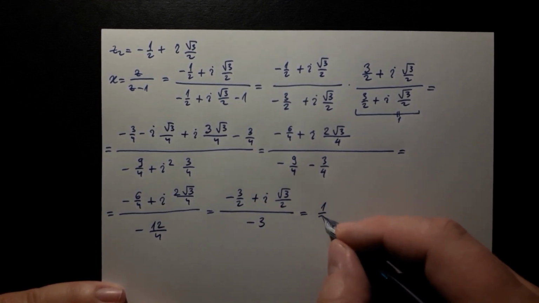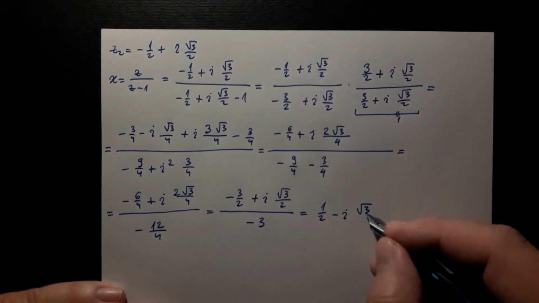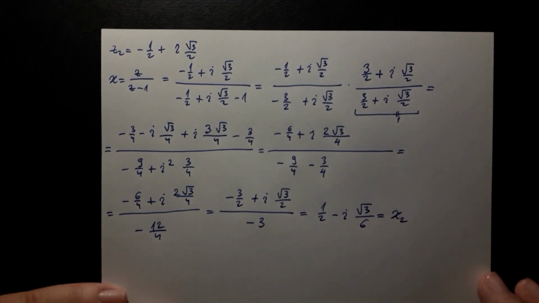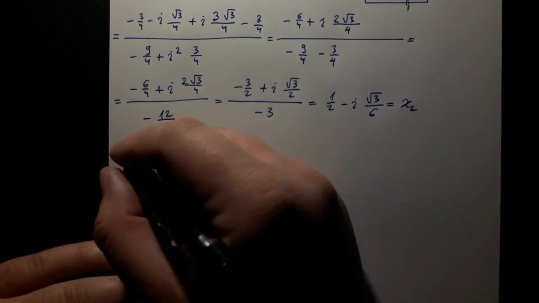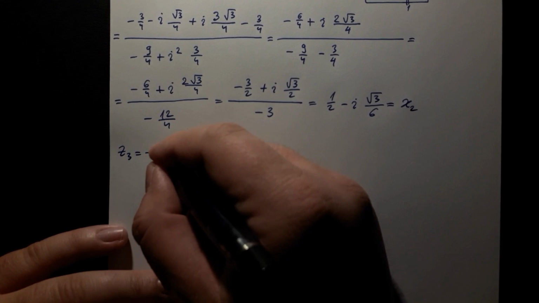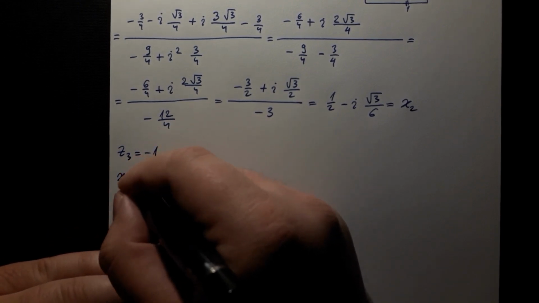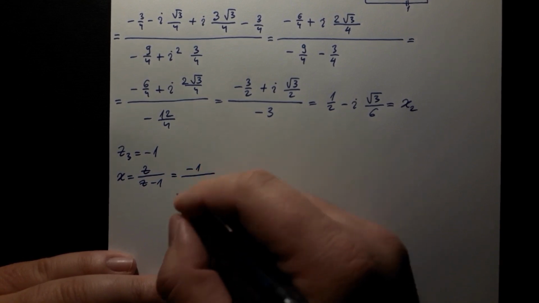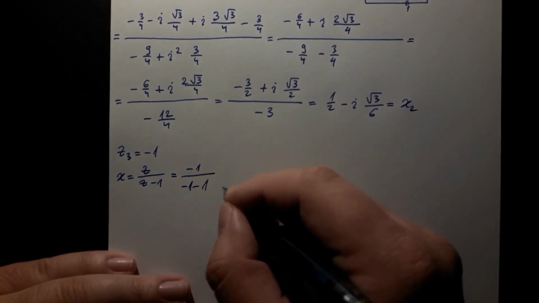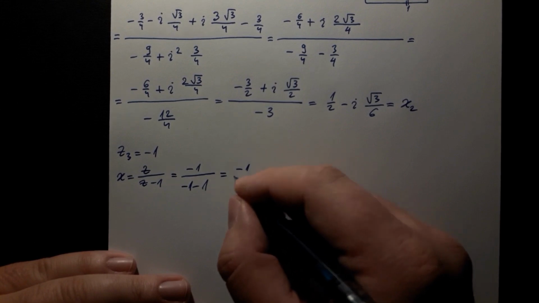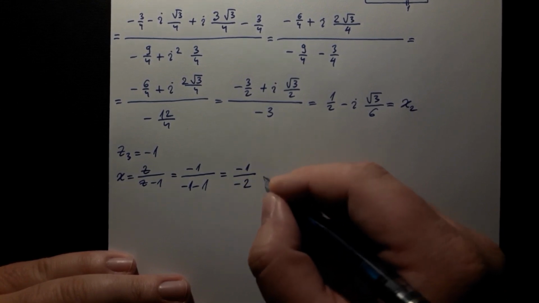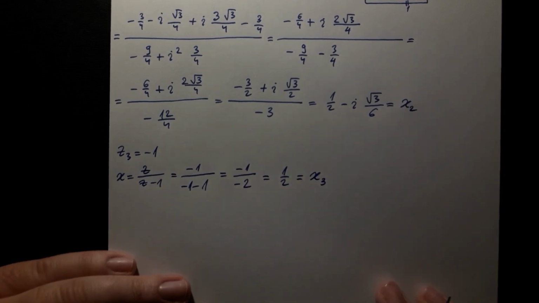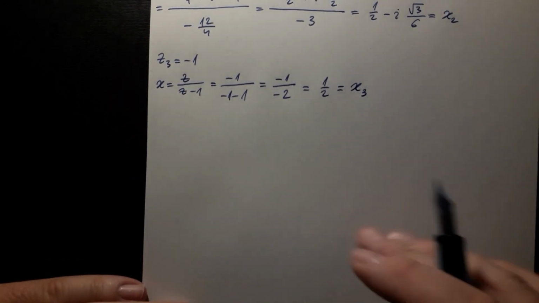This is then equal to 1/2 minus i square root of 3 over 6, which was x2, the solution in the first method. Now for z3 equal negative 1, we get that x is equal to z over z minus 1, which is equal to negative 1 over negative 1 minus 1, which is equal to negative 1 over negative 2, which is 1/2, and that was x3 in our first method.